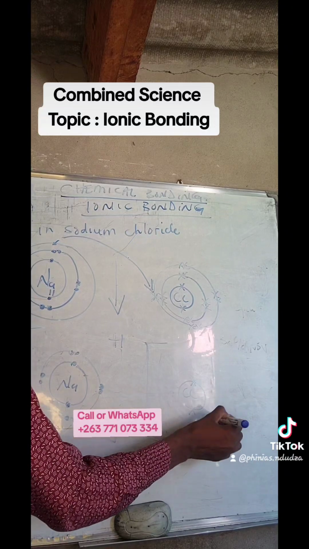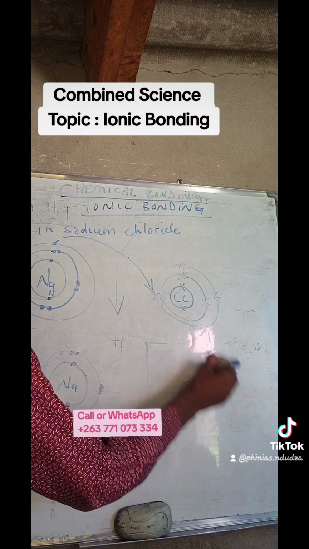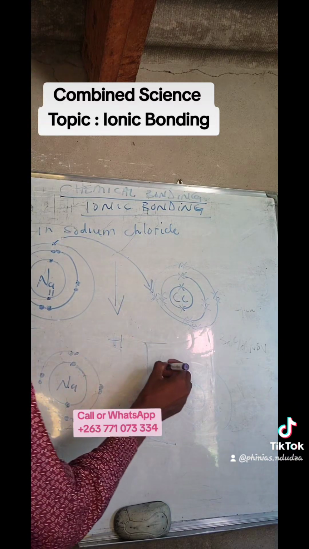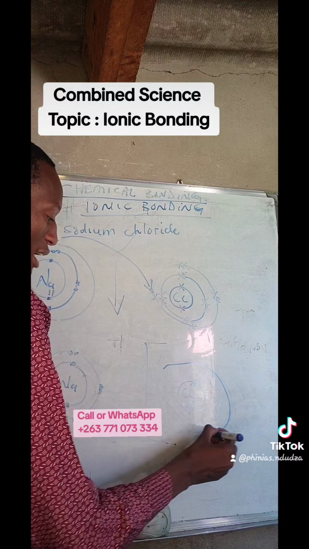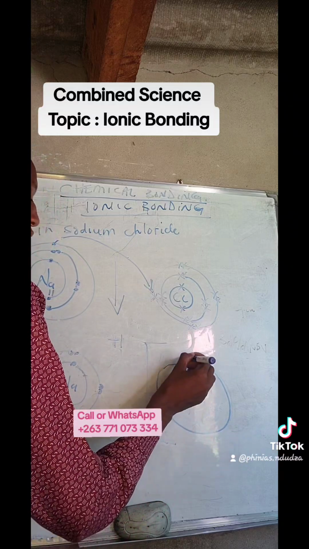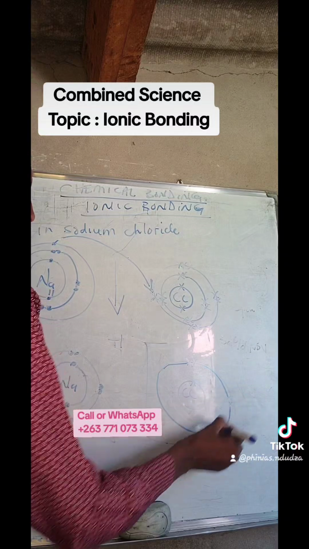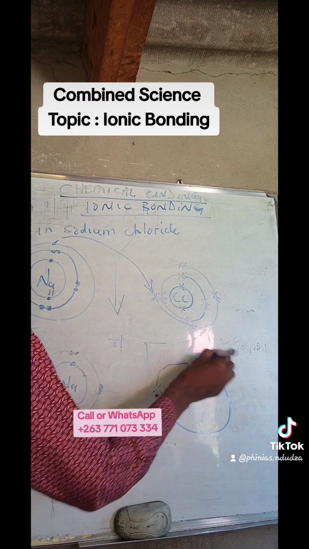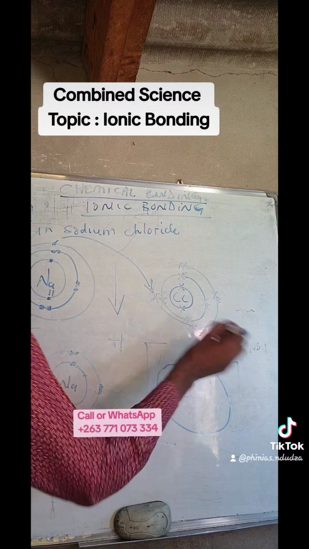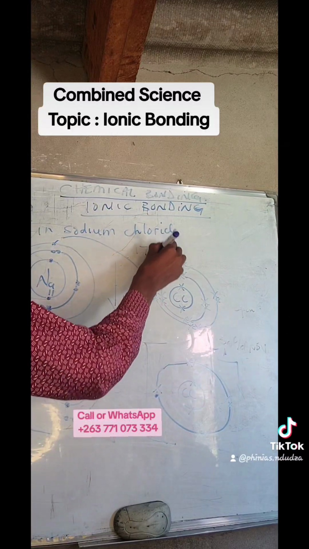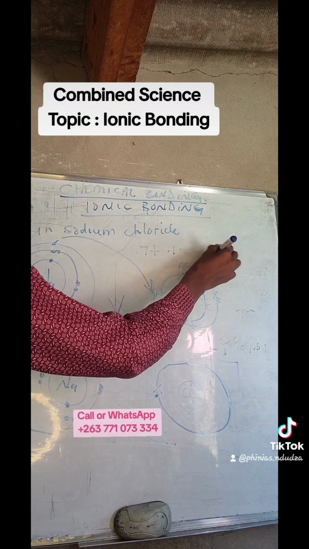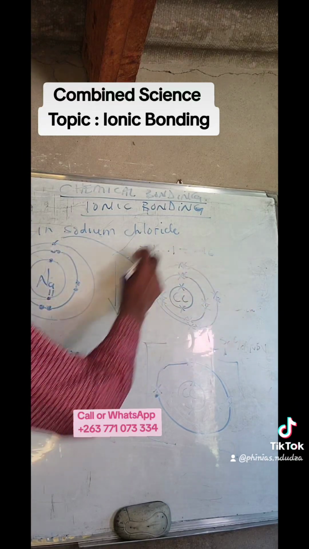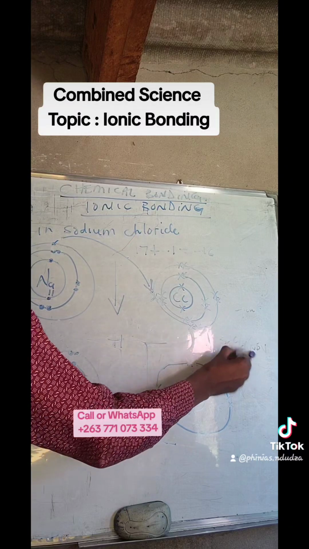Then in the third shell, we now display it like this: 2 here, 2 here, 2 here, then a positive here and a negative. Then we say it's -1. Why? If we say 17 plus -1, the answer is -16. So this negative electron affects all these elements, so they are now considered negative.